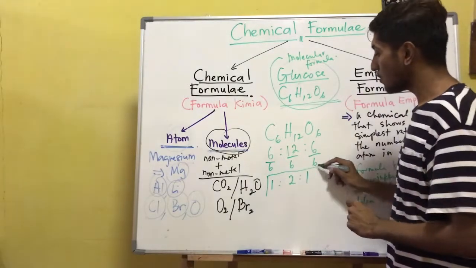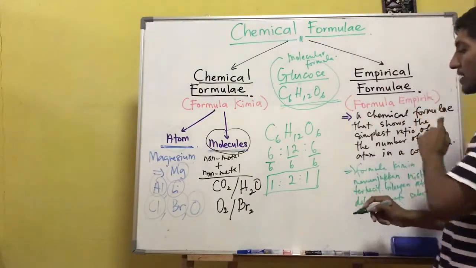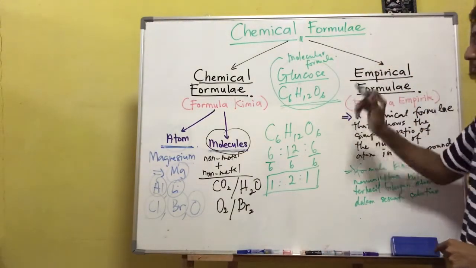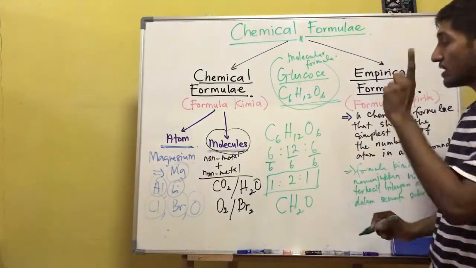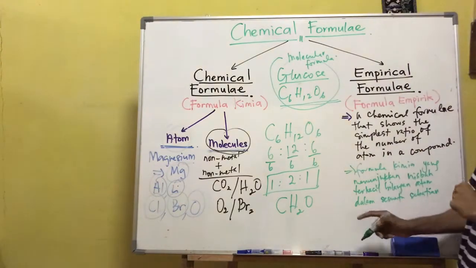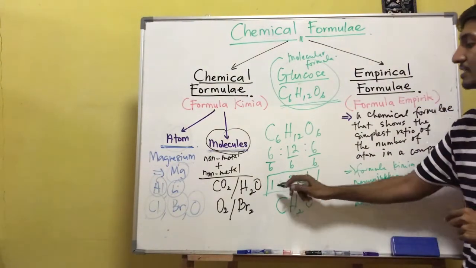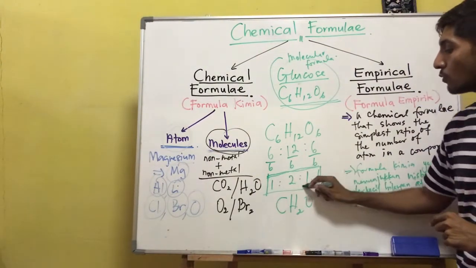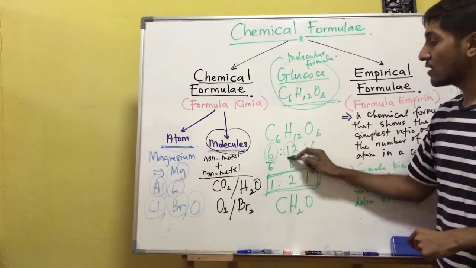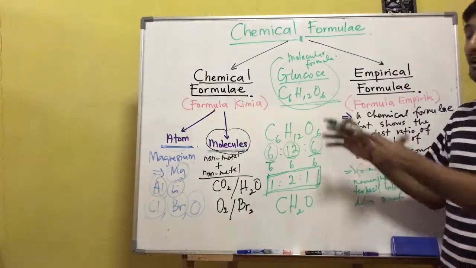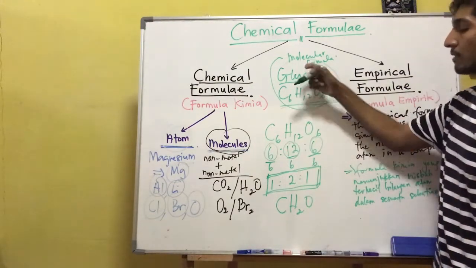Jadi untuk formula empirik bagi glukos akan menjadi CH2O. So the empirical formula for glucose is going to be CH2O because 1 to 2 to 1 is the simplest ratio from 6, 12 and 6 that we can produce from the real molecular formula.